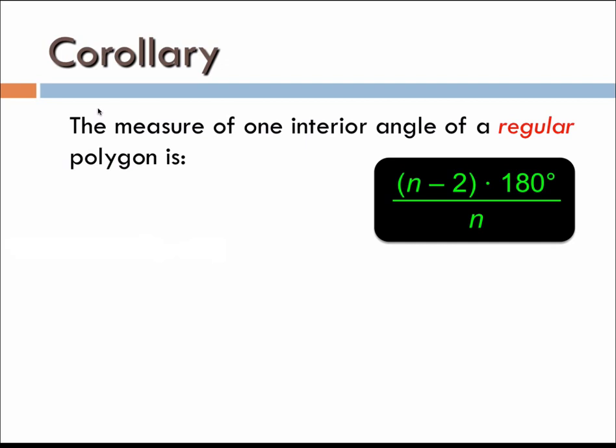Got a little corollary. What's a corollary? I know we've used the word before. Paul, ask Siri what a corollary is. That's not a correlate, it's a corollary.